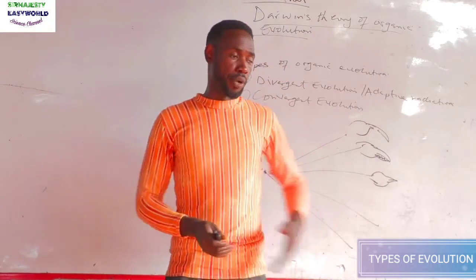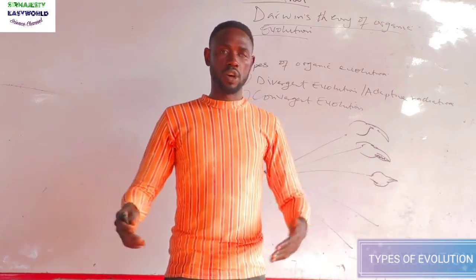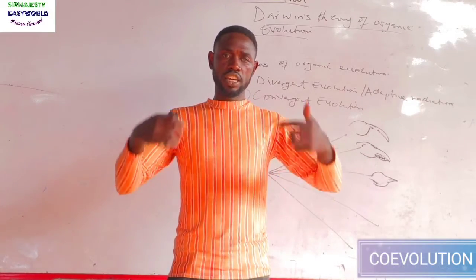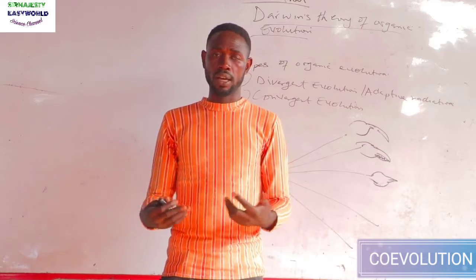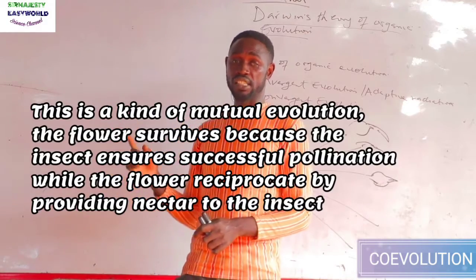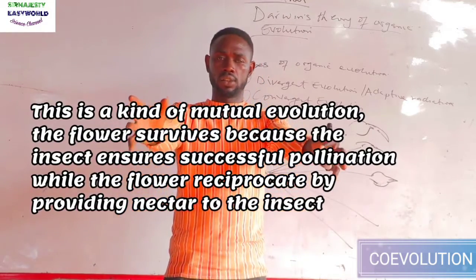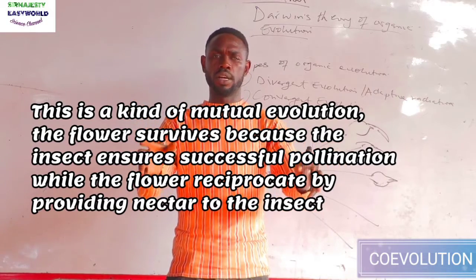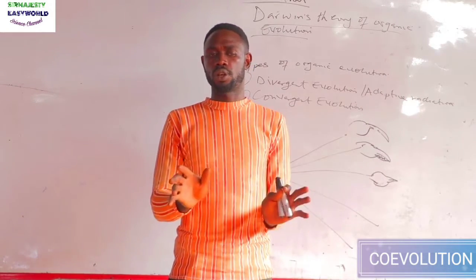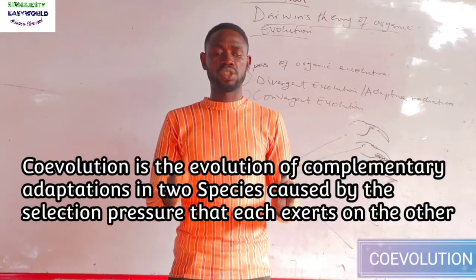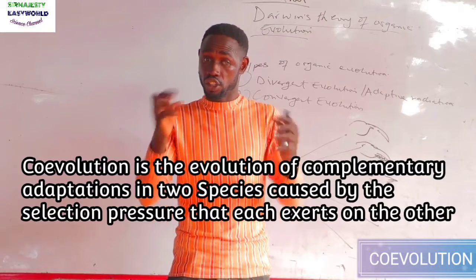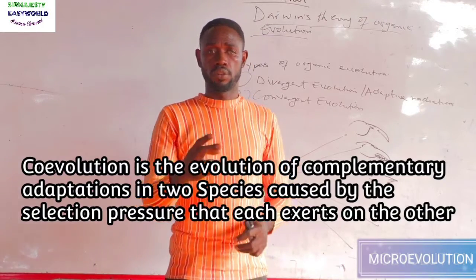Evolution of bread and butter. This one is coming, this one is coming. They complementarily need each other. If there is an insect pollinated flower and an insect that will pollinate it come alongside due to the driving pressure in the environment, this is what we call co-evolution. Evolution of two species that complementarily need each other is what we call co-evolution.